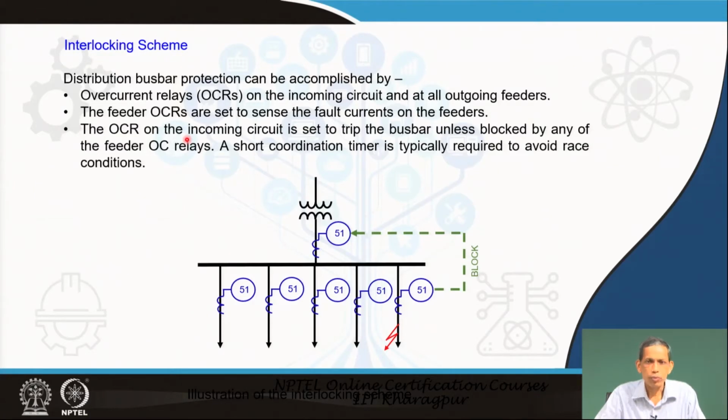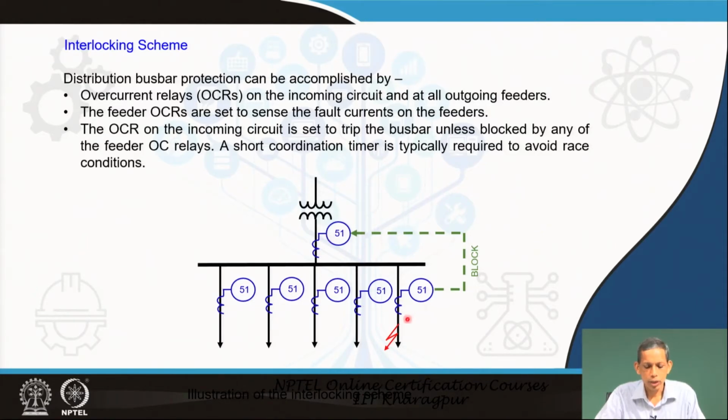There is another simple approach, an interlocking scheme, where overcurrent relays are there for the outgoing feeders and also the incoming feeders. In case of an external fault or a fault in any of the lines, the relay which takes the decision sends a signal, and the incoming bus relay is blocked.